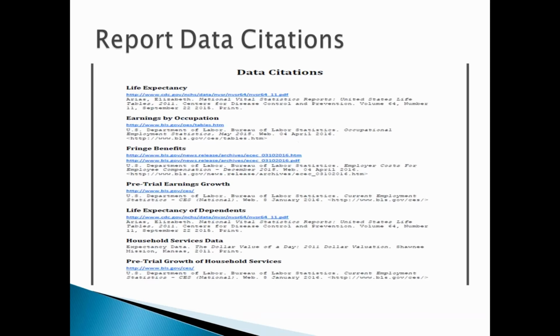I promised to give you some data citations. This is contained in the software. You'll know exactly where your data tables have come from, where your life expectancy tables have come from, your occupational earnings, where the fringe benefits that were input, where the pretrial growth rates were coming from, where the life expectancy of dependents comes from, in this case, the Centers for Disease Control, household services, the expectancy data, the dollar value of a day, which is published annually, and the pretrial growth of household services, which comes from the Bureau of Labor Statistics.